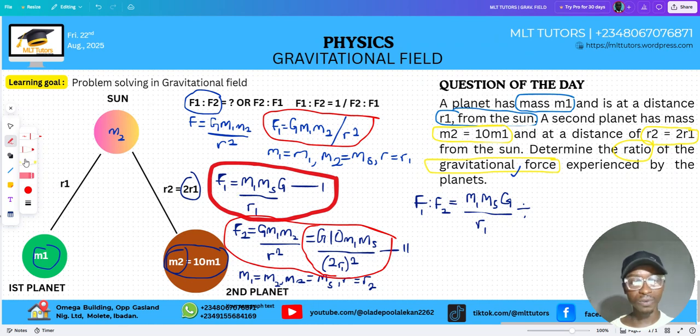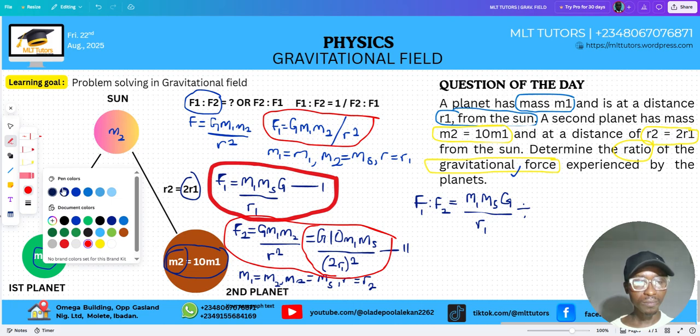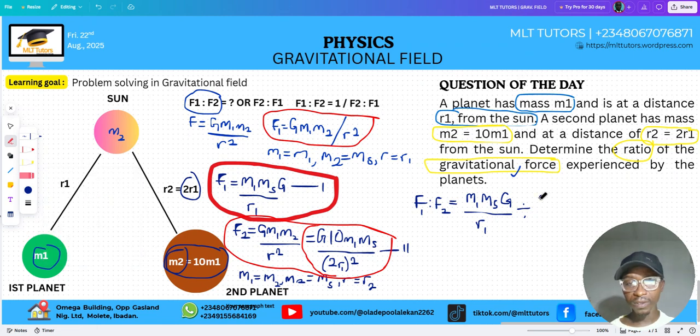So bringing that now, so we have g 10 m1, then ms over, then if you square this, that will give us 4r1 squared.